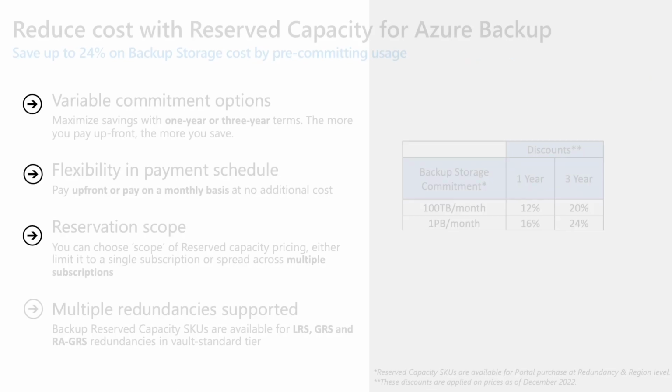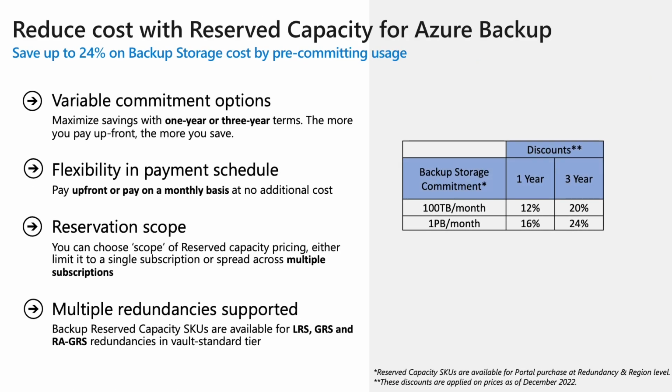Moving on, the latest addition to our cost optimization lever is the reserved capacity pricing for Azure Backup storage. Once you have a good understanding of your backup storage footprint, you can take advantage of this feature that can reduce your backup storage costs up to 24% based on the backup data size and the timeframe commitments you choose.